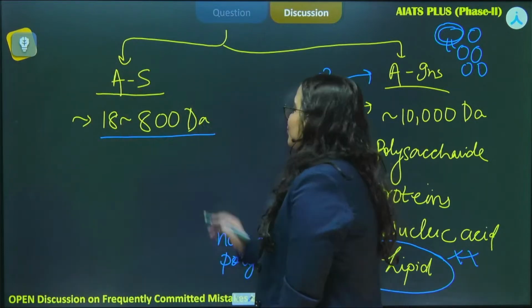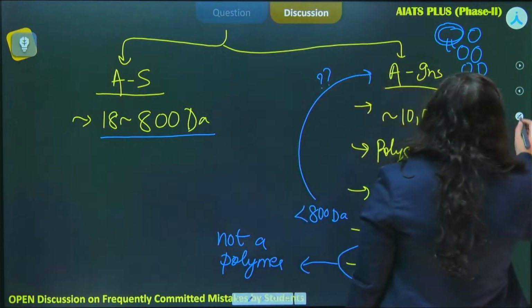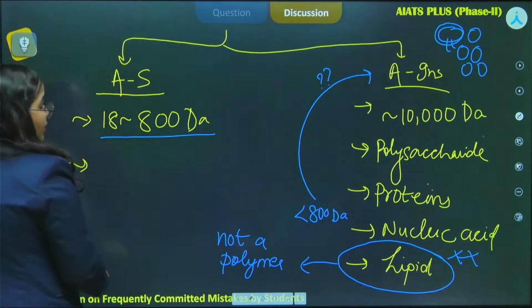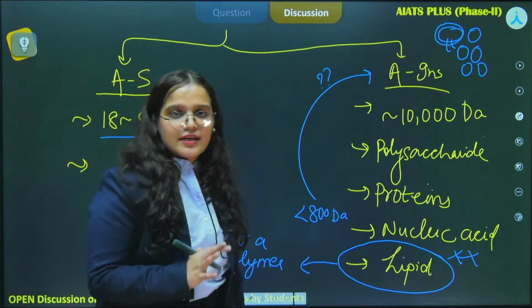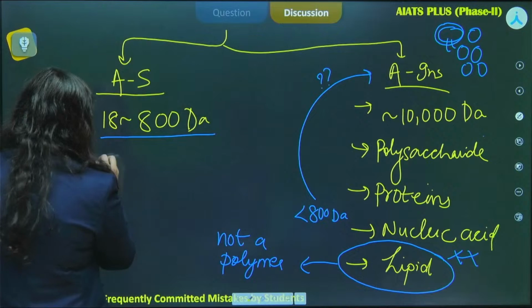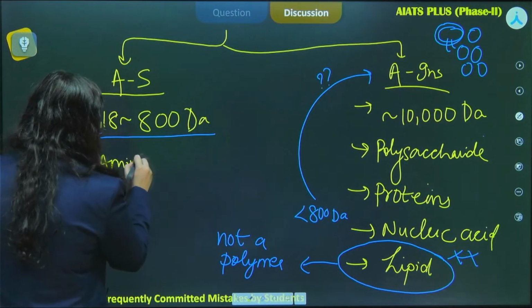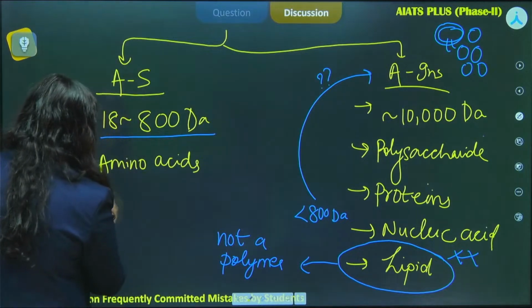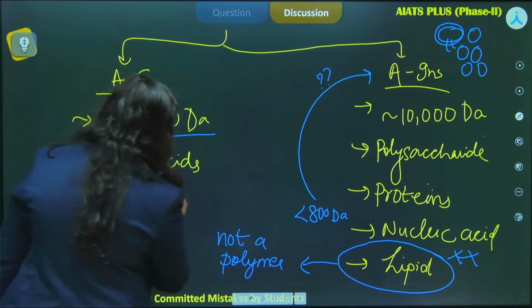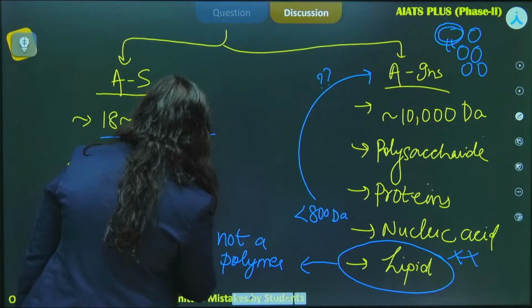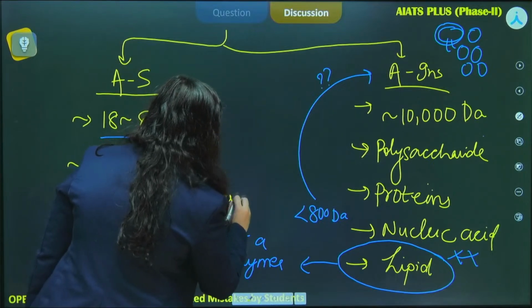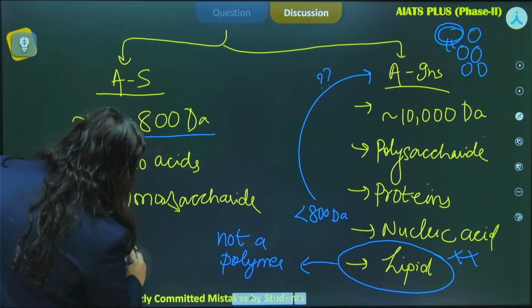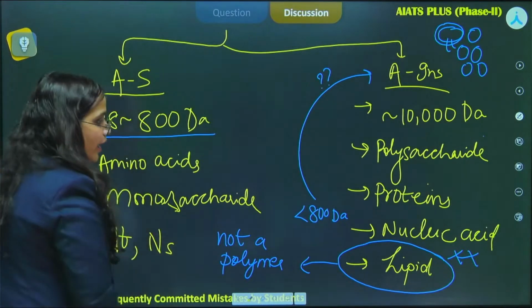So now we move on to our acid soluble fraction. Our acid soluble fraction will comprise substances like amino acids, the monosaccharides that we have, and the nucleotides and the nucleosides. Why?